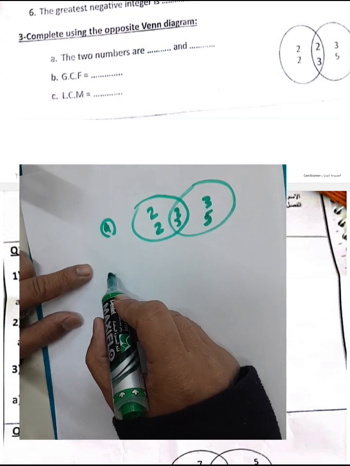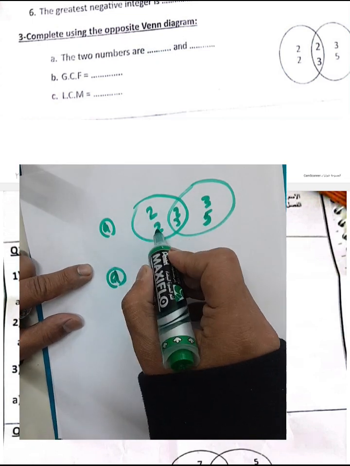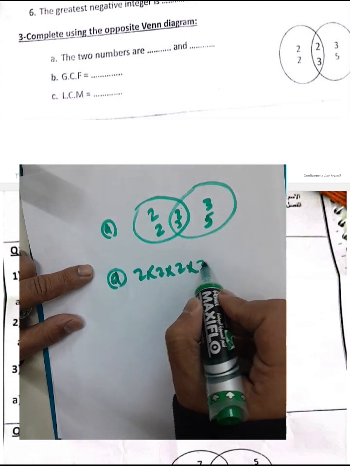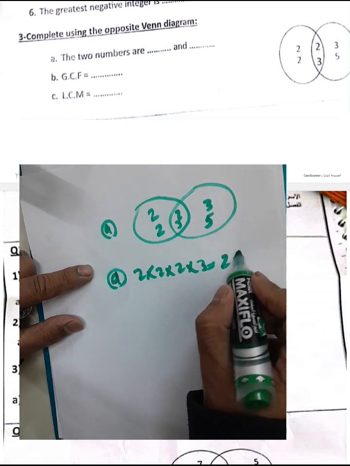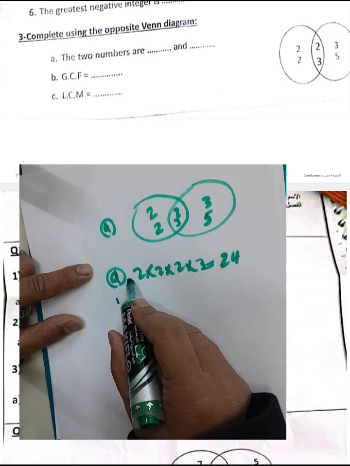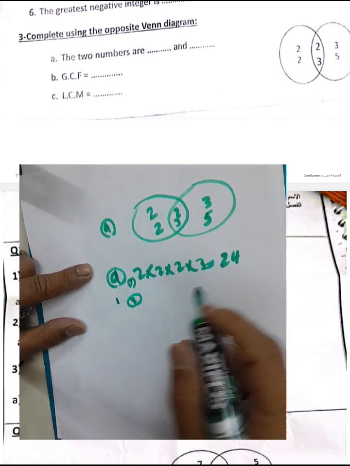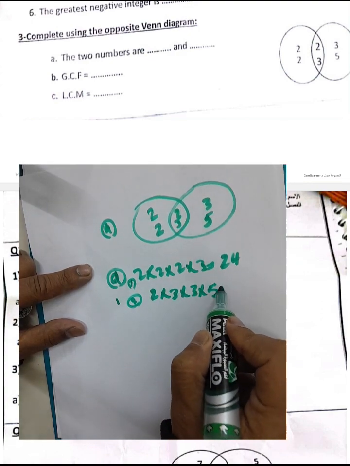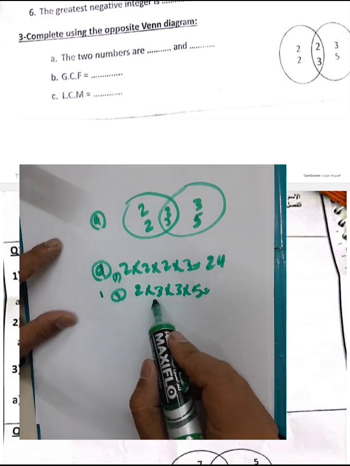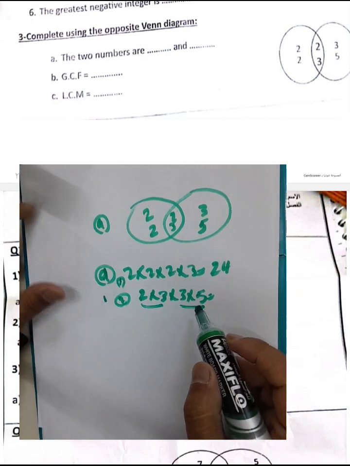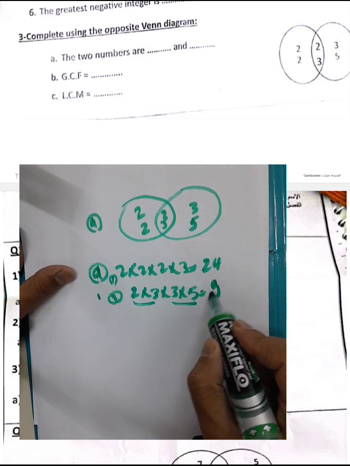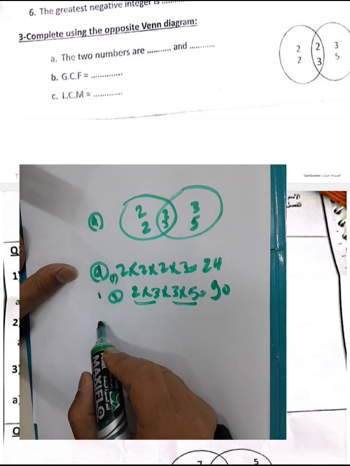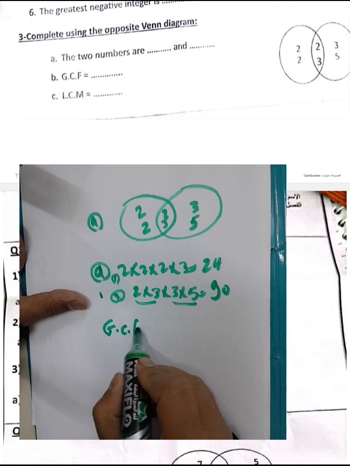The first number, 2 times 2 times 2 times 3, will be 24. That's the first number. The second number here, 2 times 3 times 3 times 5. 2 times 3 is 6, 3 times 5 is 15, 15 times 6 equals 90. The second number here is 90.